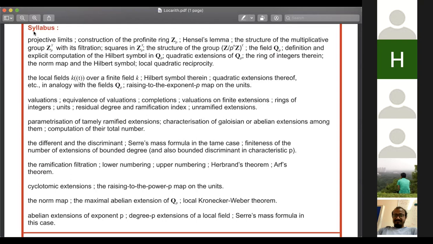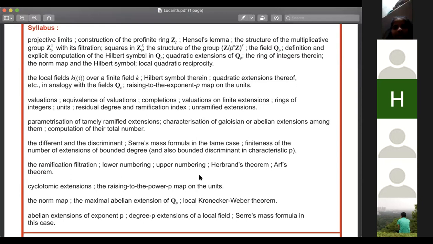Which screen do I minimize? Yeah, you are sharing the whole screen actually, sir. The syllabus we are looking at. Can you come over to my office and tell me what to do? Okay, sir, I'm coming. Okay, so we will just fix this problem and then continue. So I'll stop recording for a moment.